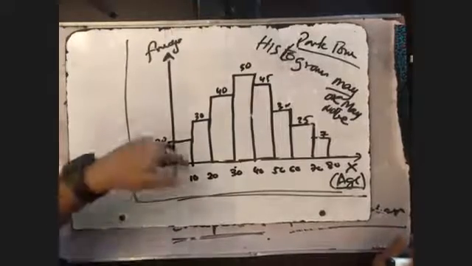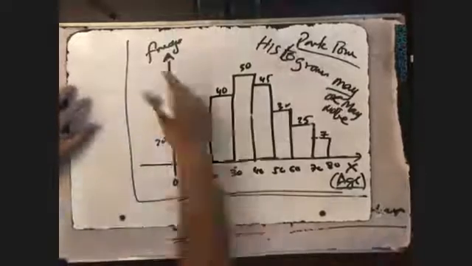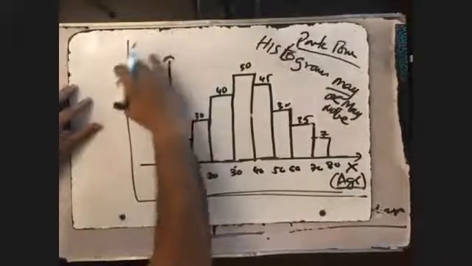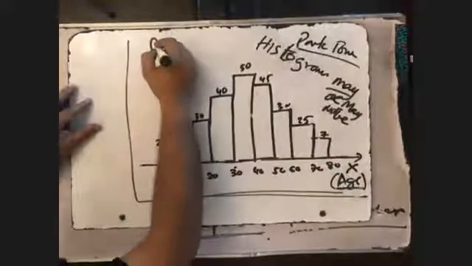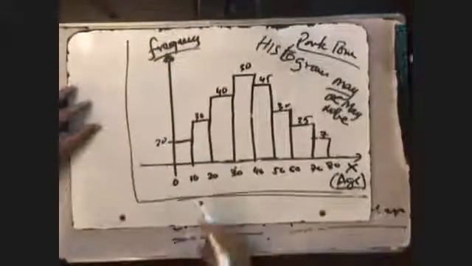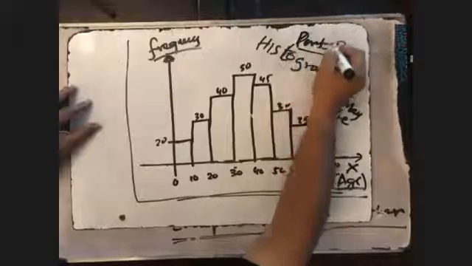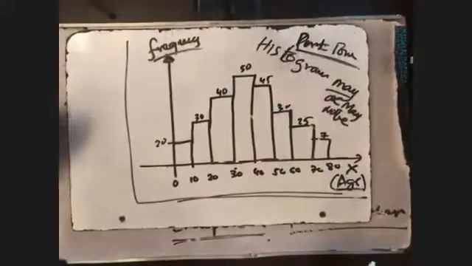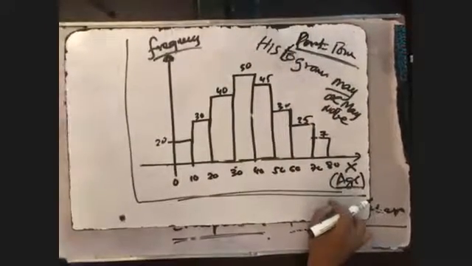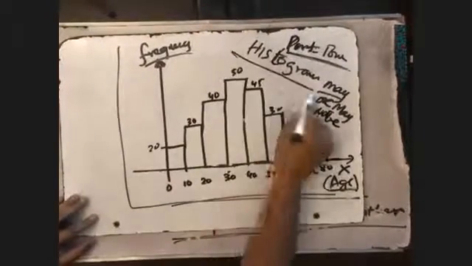One bar could be bigger than the other, and then we don't write frequency over there. That's a different thing. As you go into class 10th and 11th, I will teach you frequency density. But this is one way of representing data. This is definitely one way of representing data. Okay, so you have histograms right now.